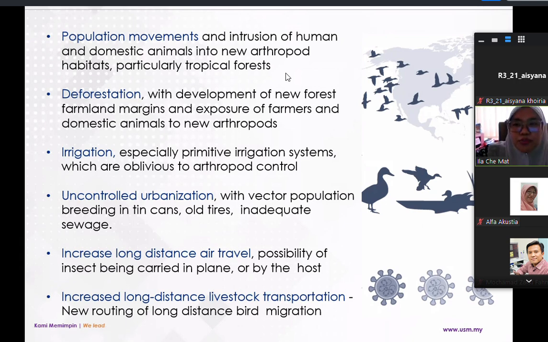So the mosquito will bite a human, and that's how humans get the dengue virus from the mosquito. Okay, and then this one is long-distance livestock, meaning transportation by wild birds. They move to another place and infect the local birds, like chickens at the farm, and that's how the farmer gets infected.